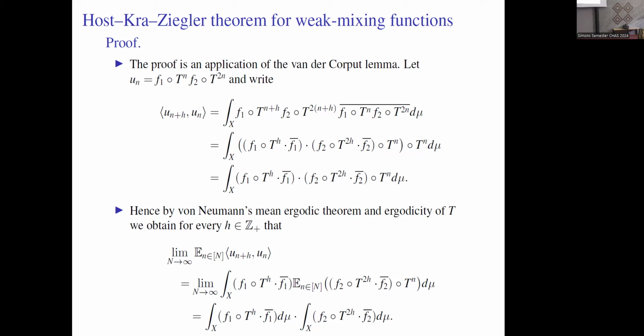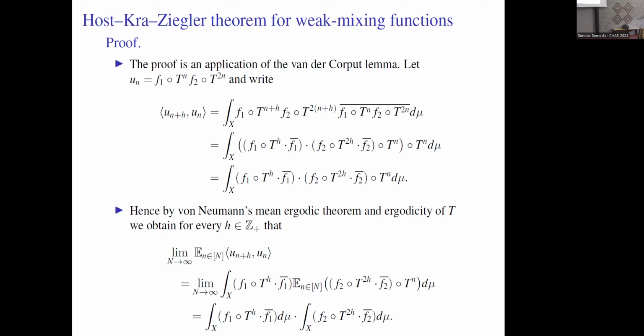This corresponds to the first vector and this corresponds to the second vector, and now we pair them. First of all, we see that everywhere here we have n. Therefore one power of T^n can be pulled out, and we can use the translation invariance of the measure mu. Therefore this can be removed, and we obtain this and this.